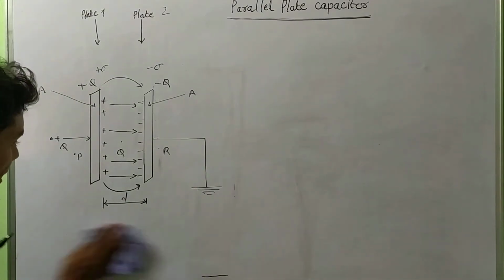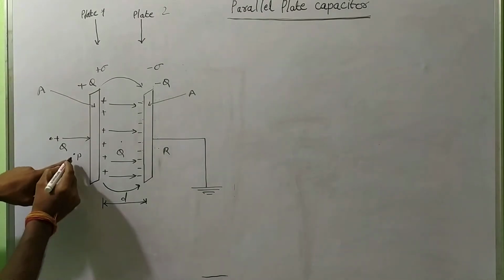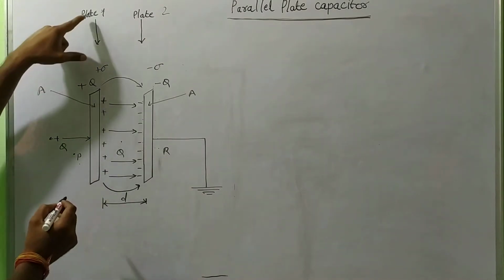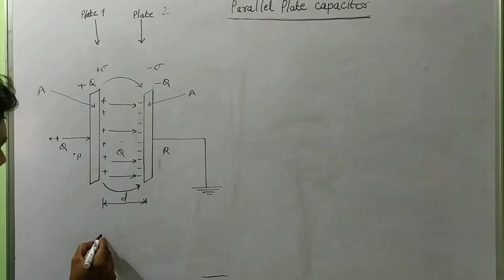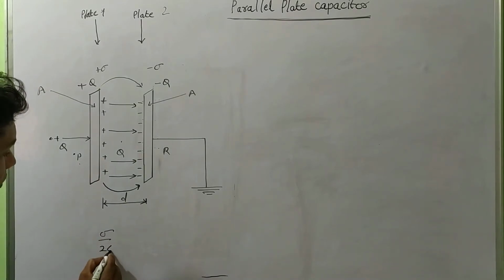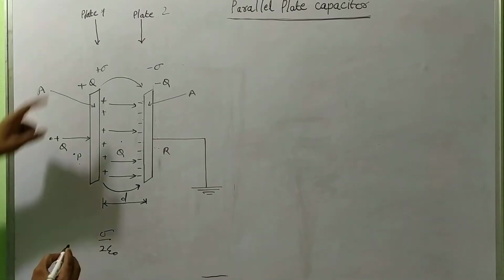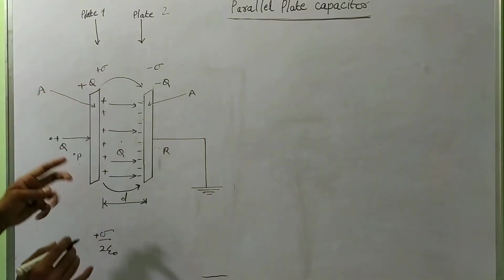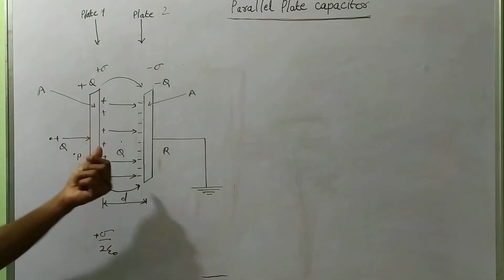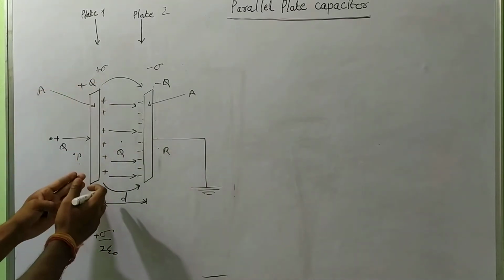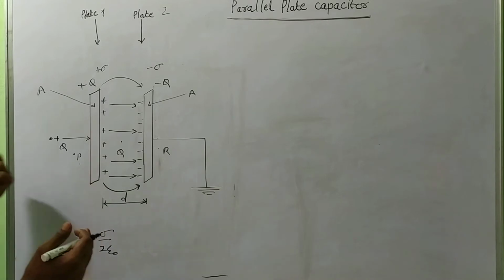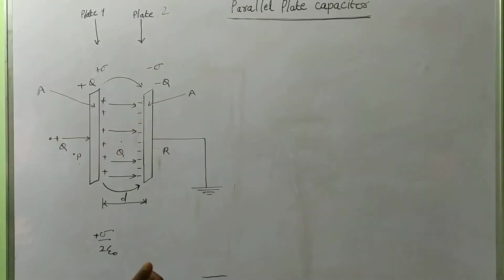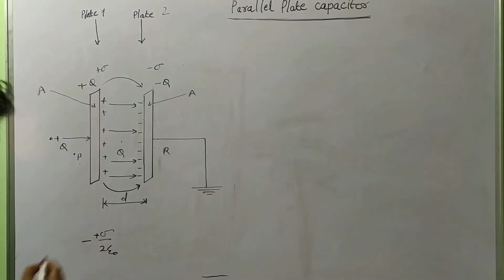Understand this again. The electric field at point P due to plate 1 will be sigma upon 2 epsilon naught. This is positive, so it will be plus, but we are going to the left side of this plate, which is along the minus x-axis, so it will be negative.